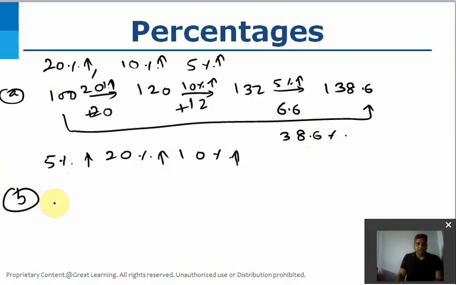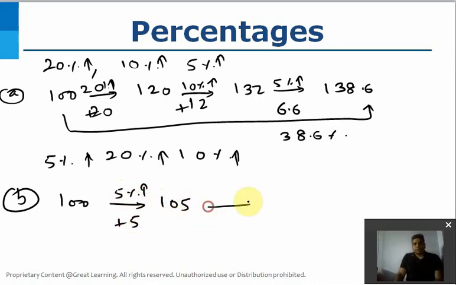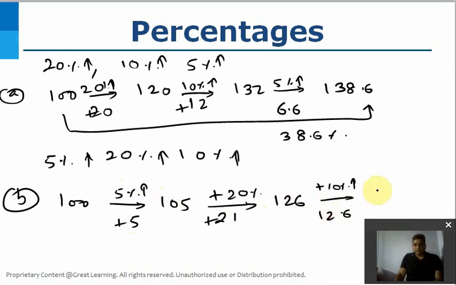Suppose the base value is 100 and I am increasing by 5%, so it becomes plus 5, which is 105. Now the second increase, which is 20%. 20% of 105 is nothing but 21, plus 21, so it becomes 126. Again I have a plus 10% increase, which is 12.6, and this again becomes 138.6.